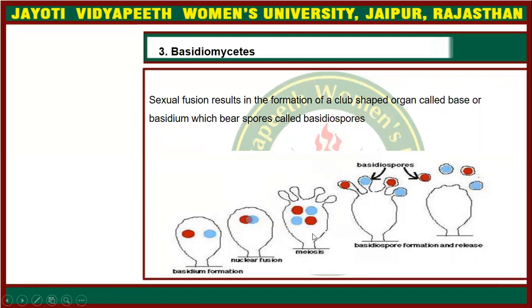After meiotic cell division, there are basidia. These basidia produce the basidiospores. So these are the released basidiospores, and the fungi which have these basidiospores are known as the basidiomycetes.